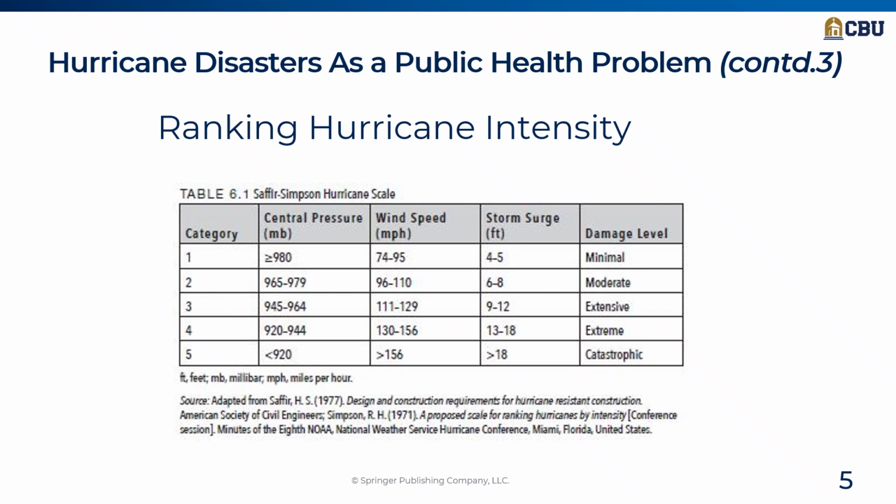We have different criteria that group these storms into categories based on wind speed and barometric pressure readings, and then each of those carries with it an estimate of storm surge size and the damage level that can be expected, with Category 5 being the worst and causing catastrophic damage due to those high wind speeds and massive storm surges.